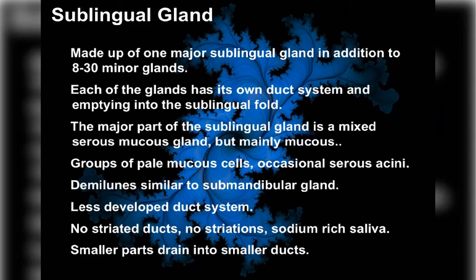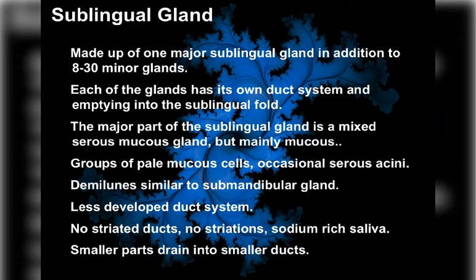Now these secretory end pieces empty into the lumen of the secretory end pieces. The lumens gather together into intercalated ducts. The intercalated ducts pour into minor collecting ducts. We call them intralobular minor collecting ducts.